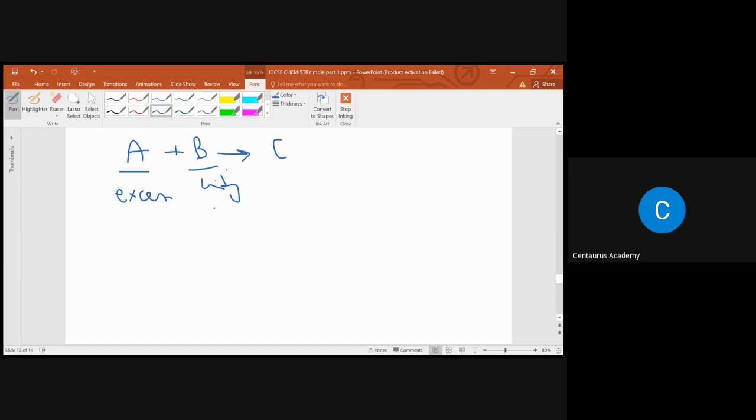The limiting reactant will be used up first. Whenever the limiting reactant is used up first, what is going to happen? Because the excess reactant is already in excess quantity, the excess reactant, supposedly reactant A, will be left behind. B will be completely used up as it is the limiting reactant.